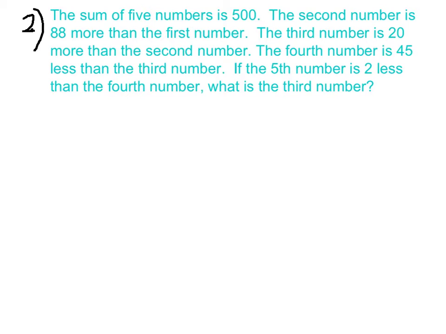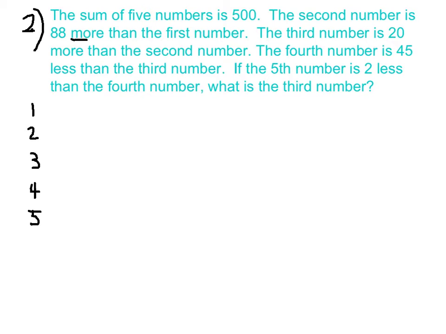Okay, this problem just takes a little perseverance, but once you get it drawn, it can't be that difficult to solve. So let's find out what's involved. There are 5 numbers. So I have number 1, number 2, number 3, number 4, and number 5. Now when I try to find which one is the smallest, I see the second number is 88 more than the first.